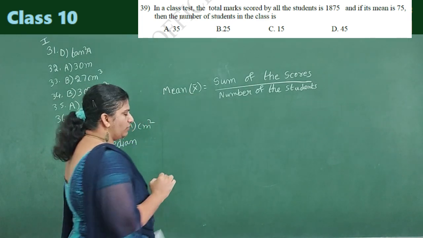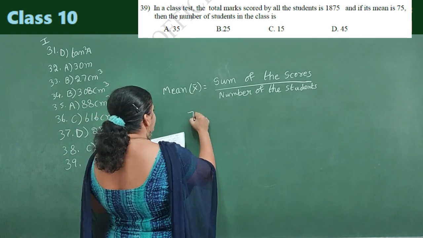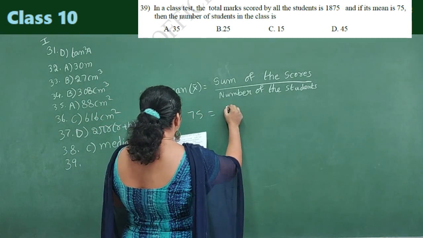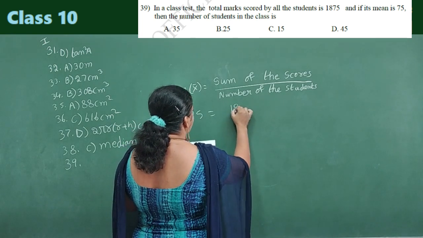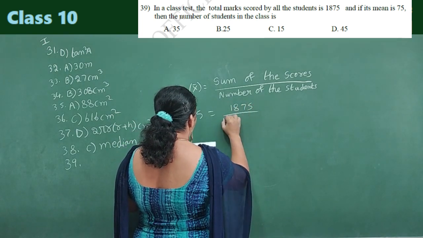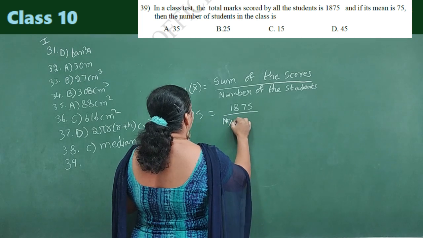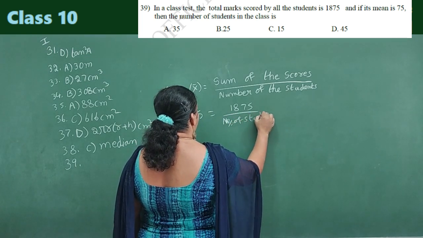Mean x bar given. What is mean value? Mean is 75. Sum of the scores is total marks 1875 by number of students.